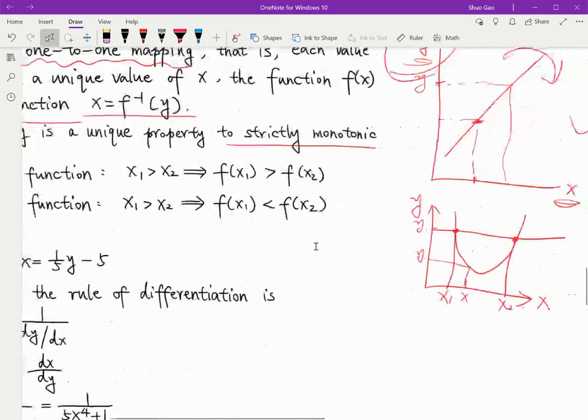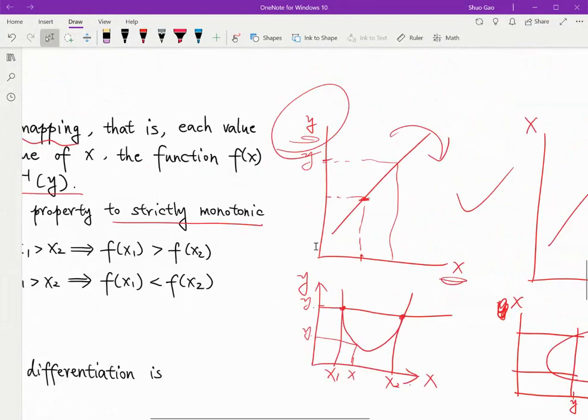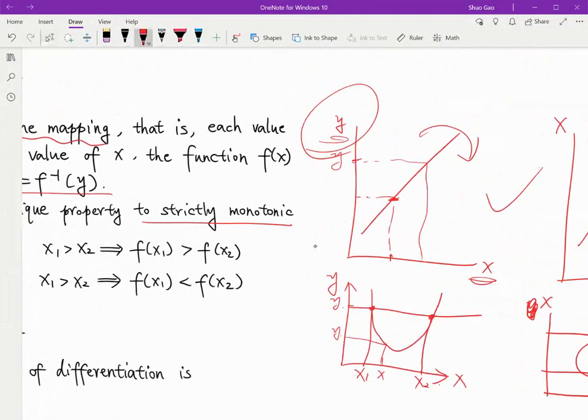It means that when x increases, f(x) also increases. For example, if we have two values, x1 and x2, with f(x2) and f(x1).